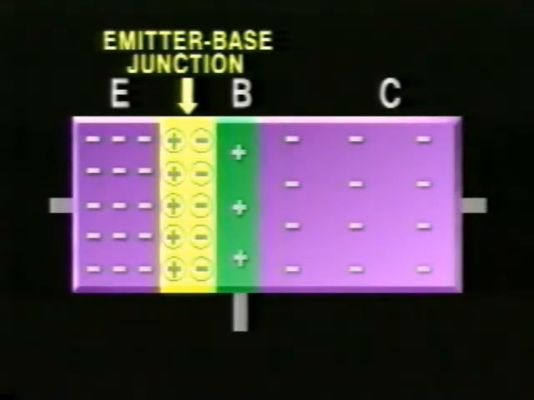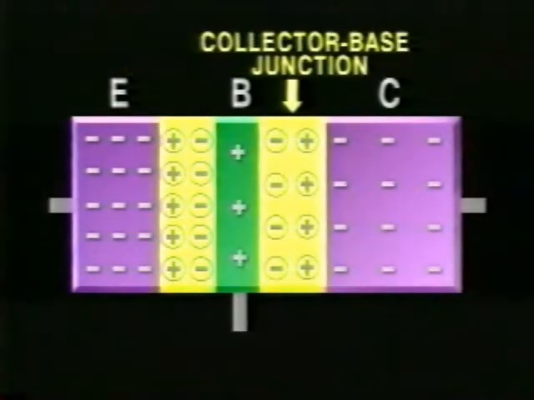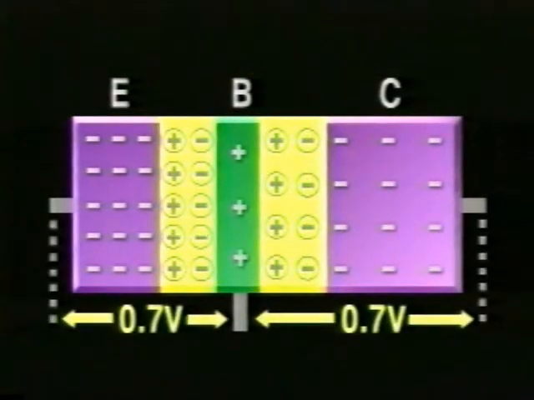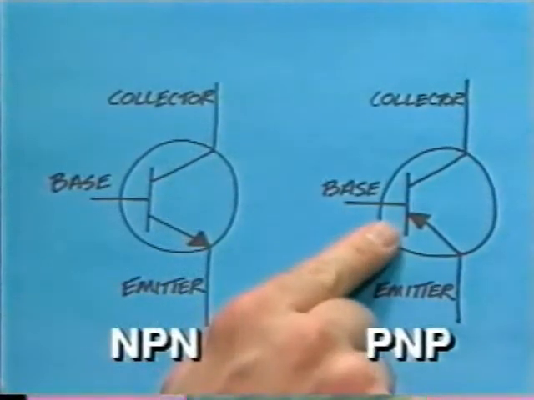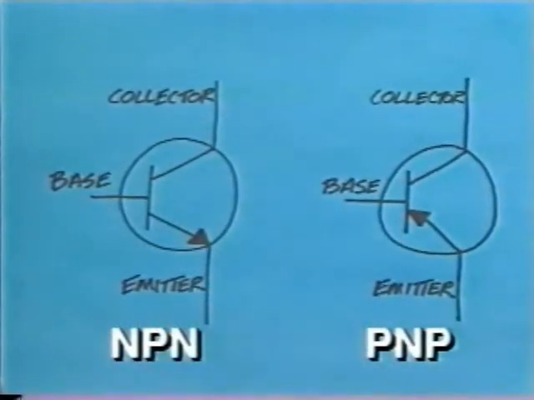This same process occurs at the collector-base junction, forming a second depletion region. The oppositely charged ions on either side of the two junctions create a barrier potential across each. Once again, for a silicon transistor, the value of this potential is about 7/10 of a volt. Keep in mind that similar processes occur in the PNP bipolar transistor as well.